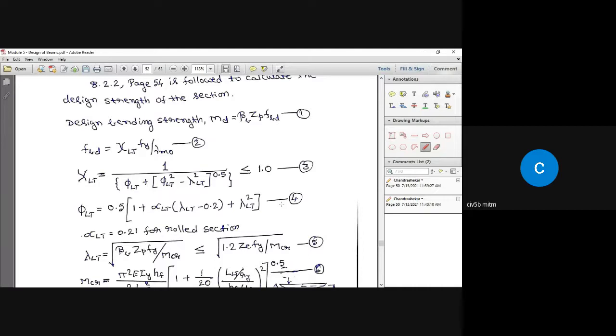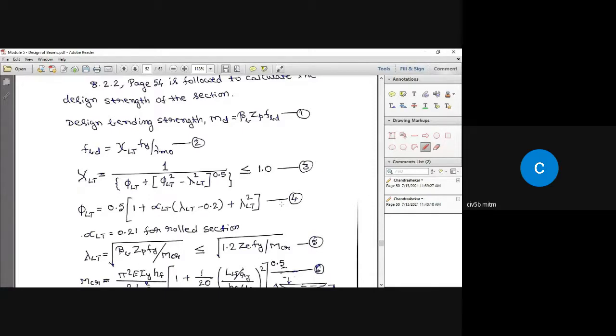Okay. Going further, what else do we need? We need lambda LT. To know lambda LT, go down further. It says lambda LT equal to square root of beta B ZP Fy divided by MCR, and of course that should be at most equal to square root of 1.2 ZE Fy divided by MCR.